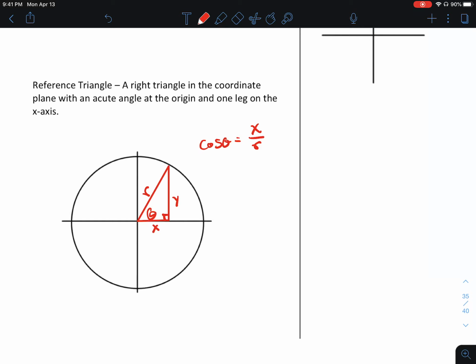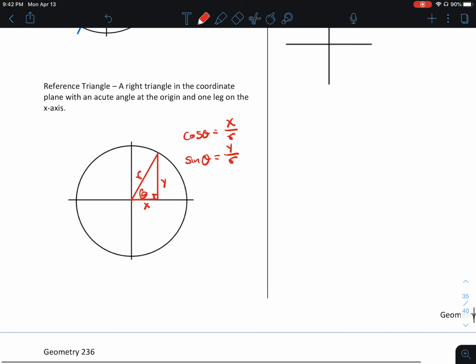X will always be the adjacent leg, r is always the hypotenuse. Sine of theta is the opposite leg, which is y in this case, over the hypotenuse, which is r. If you're using a reference angle and a reference triangle, the opposite leg is always y, the hypotenuse is always r.